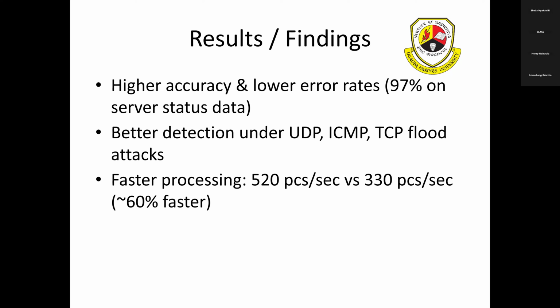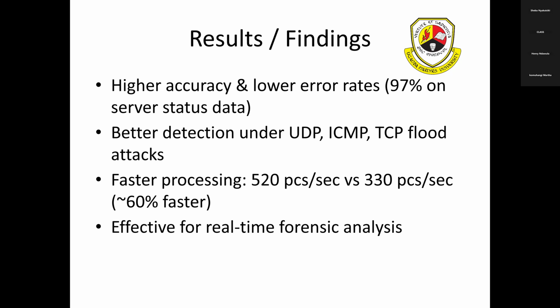So we found out that the improved k-means algorithm was faster than the traditional one according to speed, on how fast it tracks data. Then another one was effective for real life forensics analysis. We found out that this improved k-means algorithm was effective.